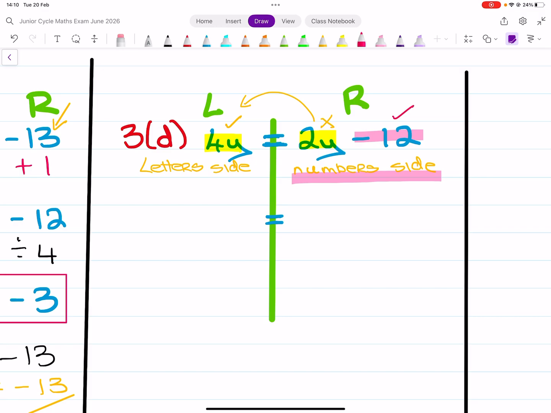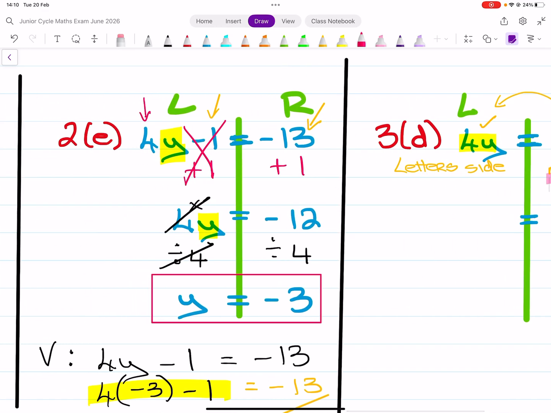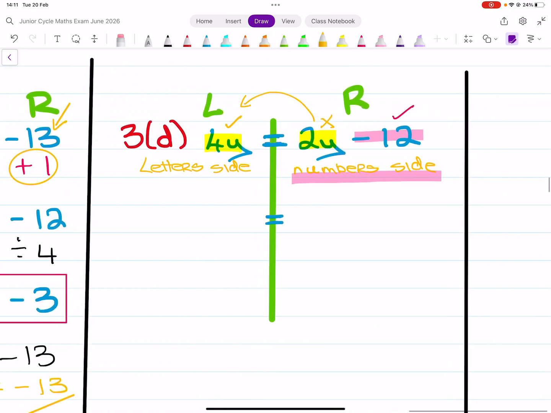Okay. So in all the other questions, the way we moved things was by doing inverses. If we wanted to get rid of a -1, we did it with a +1. And then just like here, we wanted to get rid of the -1. We did that with a +1, and then the +1 appears on the other side. That's exactly what I'm going to do here.